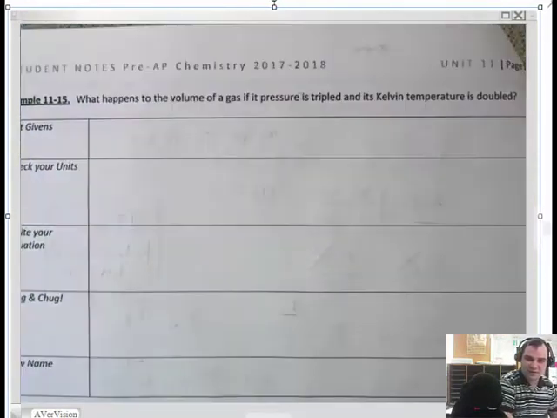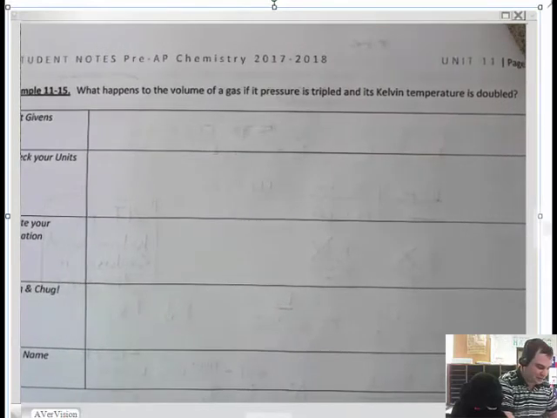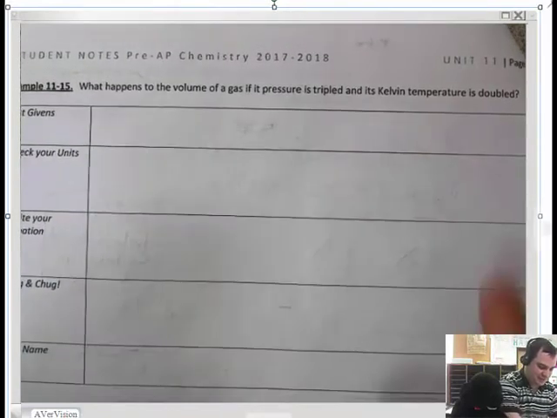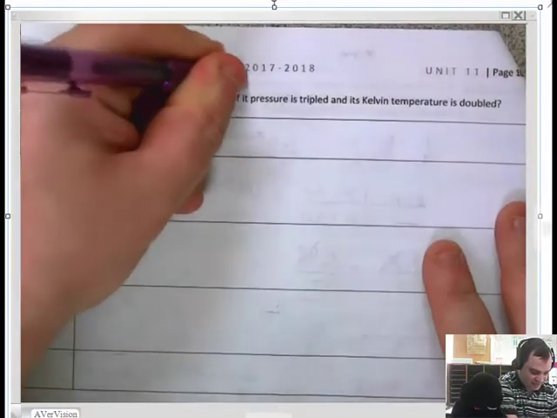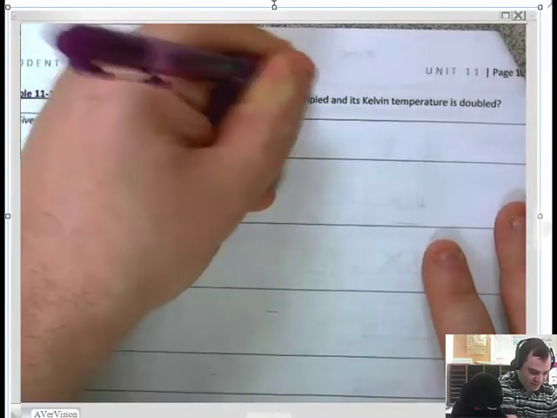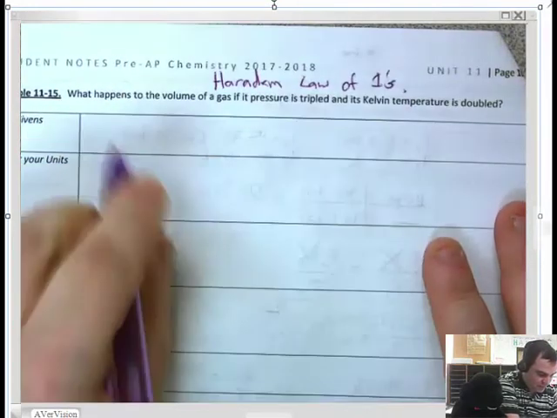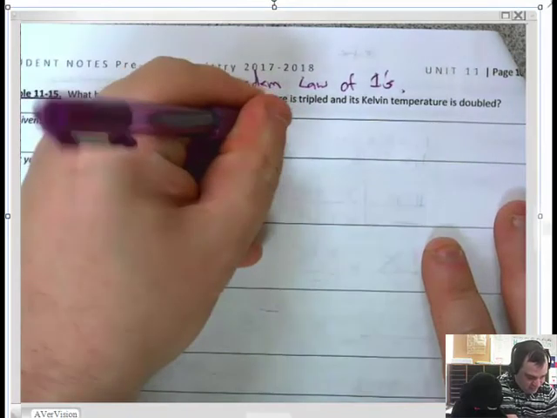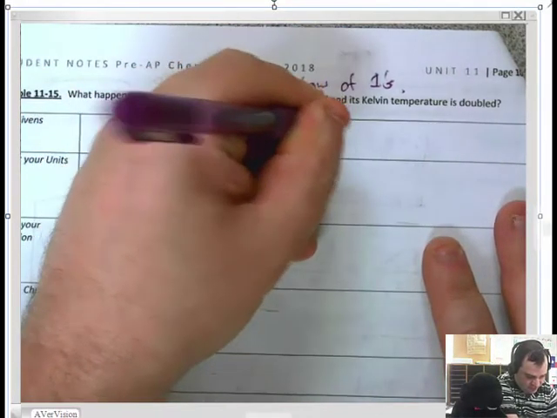What happens to the volume of a gas if the pressure is tripled and the Kelvin temperature is doubled? Where are the numbers? There are no numbers here, so we're going to use the Harridan law of ones. What happens to the volume of the gas? We're going to figure out V2, which is question mark liters.